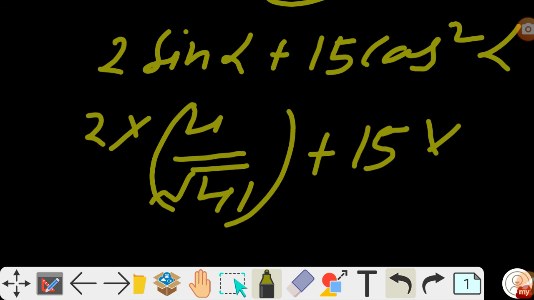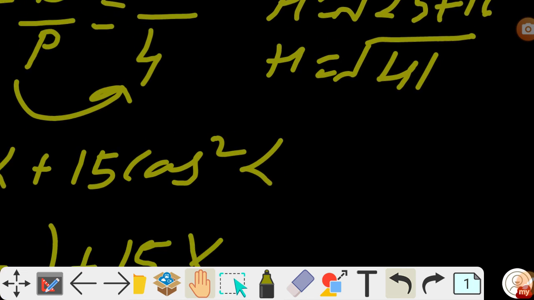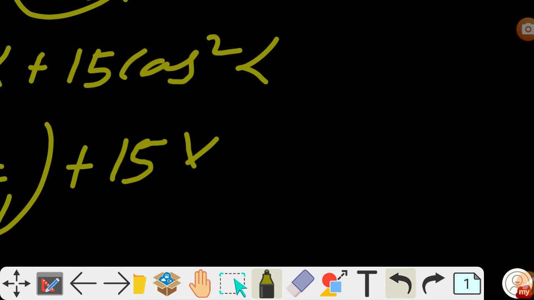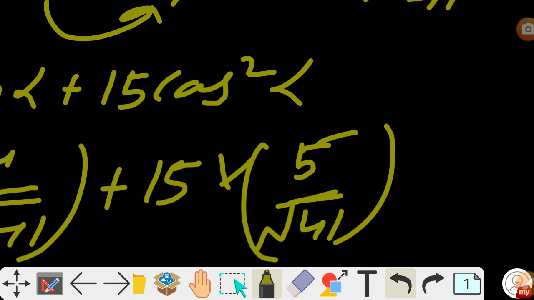Here we have base upon hypotenuse, 5 upon under root 41, squared.